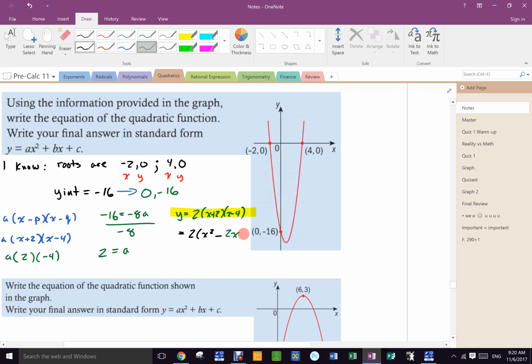Minus 4 plus 4. It's minus 4. Then what? Minus 8. Then what? What do I do with that 2 to get the standard form? Multiply it through to get? And that's my final answer.